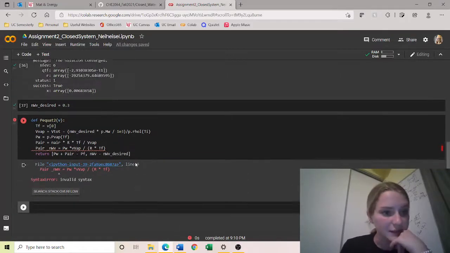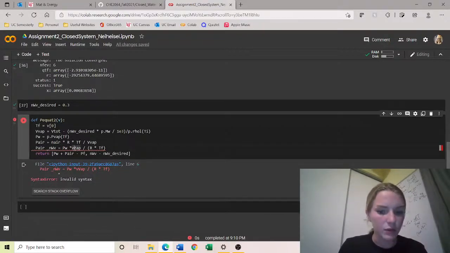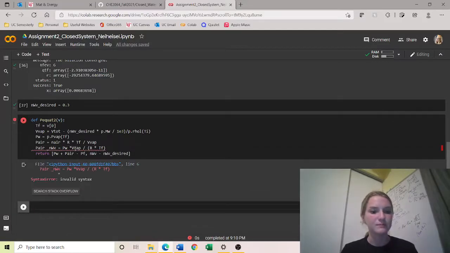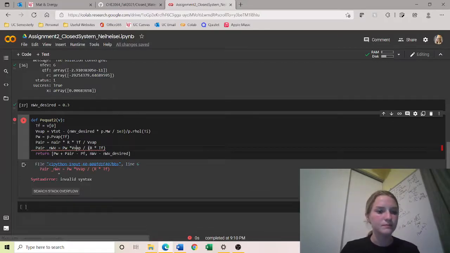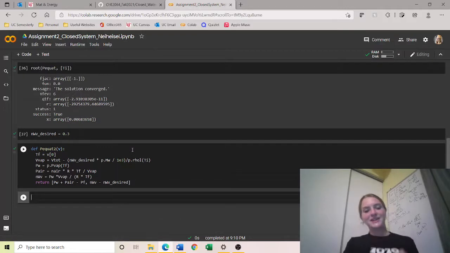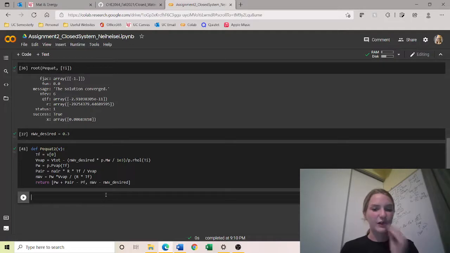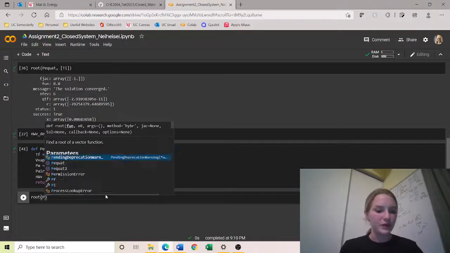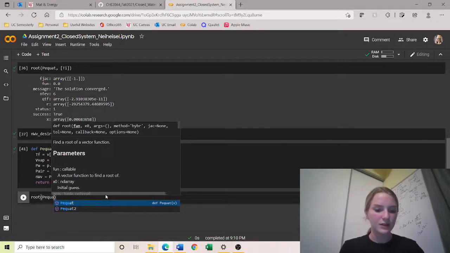Okay, so we have some invalid syntax. I believe this is backwards. Let's try that again. We do not need this P air out in front. This is just the NWV. So we initialize that value. So now we are going to return and we are going to take the root of P equate 2.